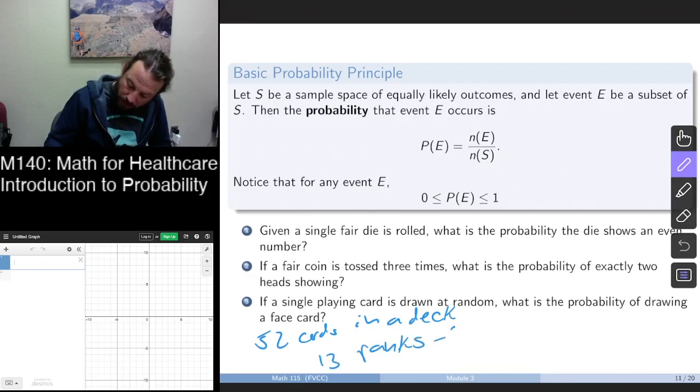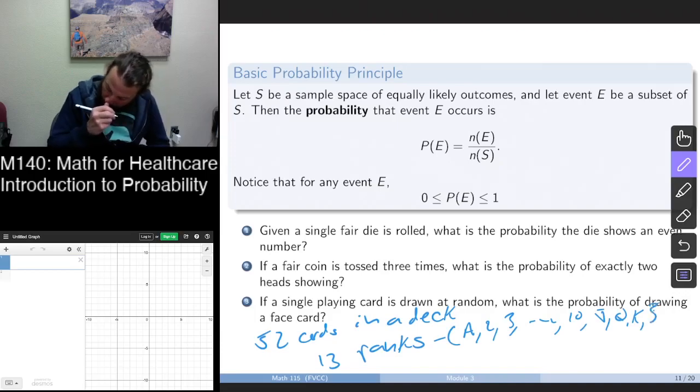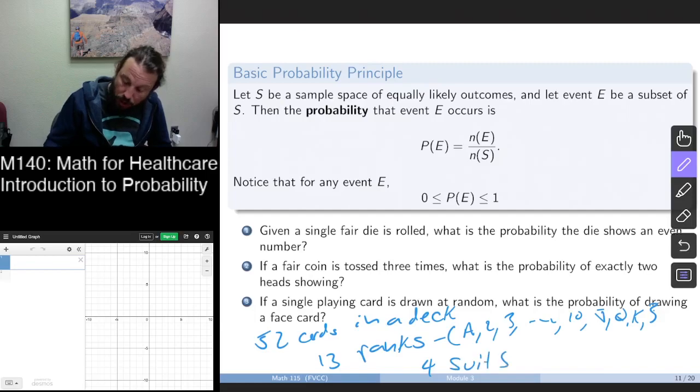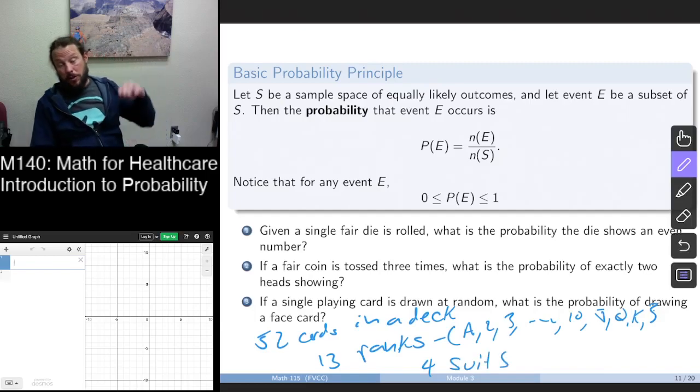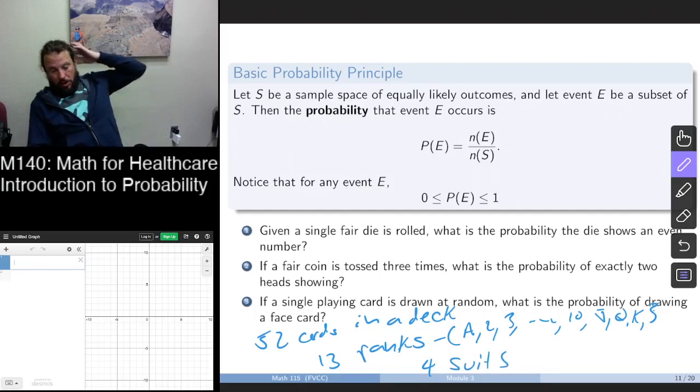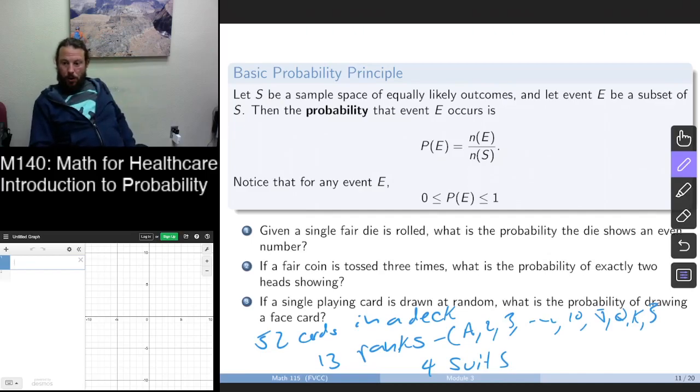What do I mean by that? Well, we have aces, 2, 3, up to 10, jack, queen, king. Those are our ranks, and we have 4 suits. Those are clubs, diamonds, hearts, and spades.